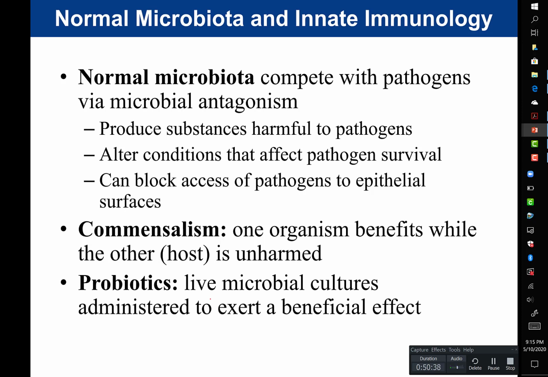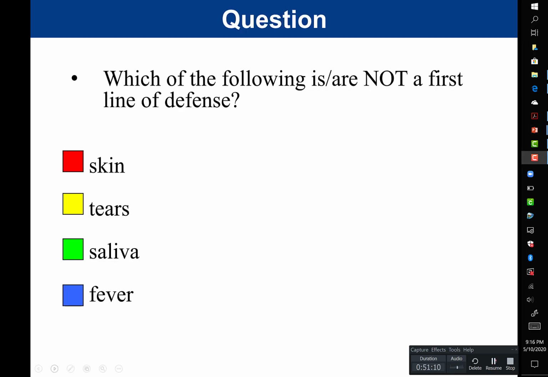So if somebody has a problem with a C. diff infection, Clostridium difficile, and they have problems with their gut bacteria being disrupted, meaning their normal flora is not intact, one of the things they can do is a fecal transplant and actually put bacteria back into the gut to help compete out the bad bacteria. And so that would affect that normal microbiota. And so this would be an example.